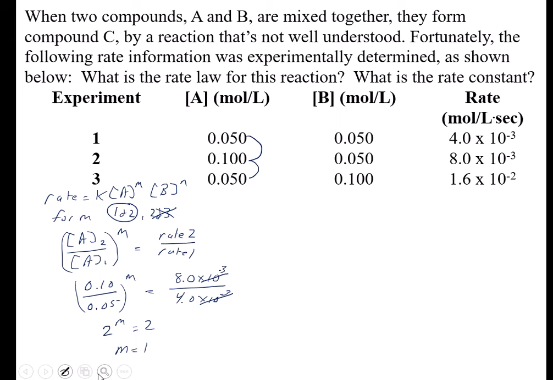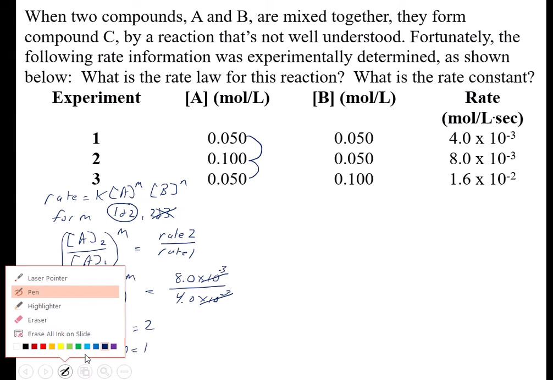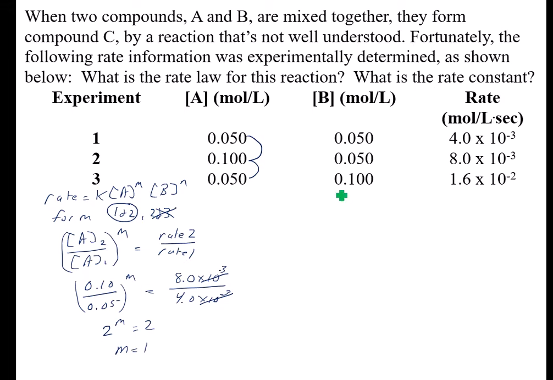Okay, and I come down here and change colors. All right, and so for N, the one that's different is 3, so it can be 3 and 1, or it can be 3 and 2. Okay, so 3 and 1 have the same concentration there, so that one actually worked. 3 and 2 have different concentrations, so that one did not work.